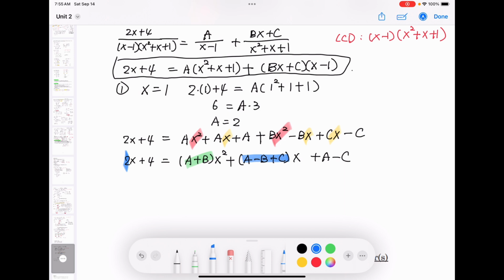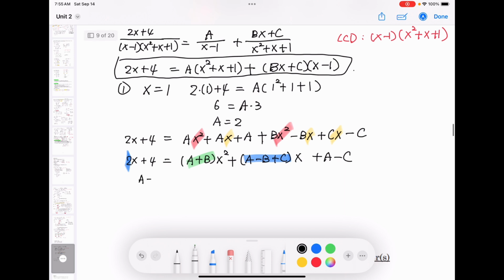Let's list the equations. The equations are a plus b is 0, because we don't have x squared on our left-hand side, and then 2 is equal to a minus b plus c. The last one is 4 is equal to a minus c.